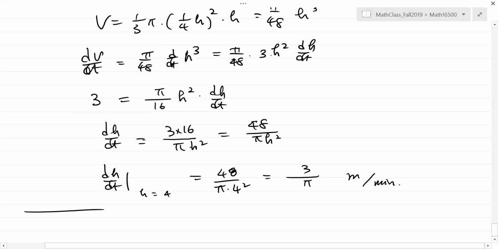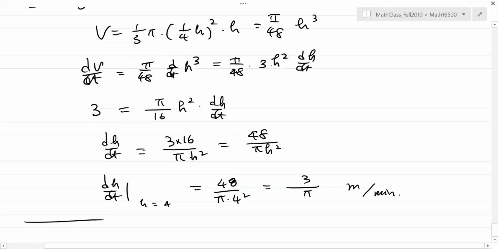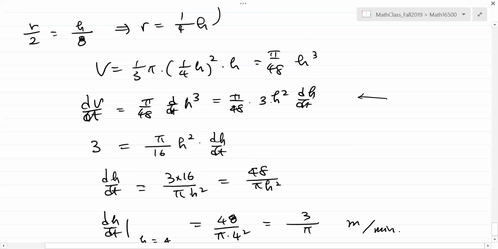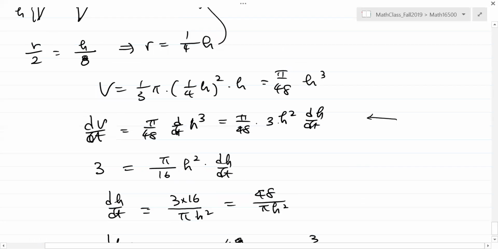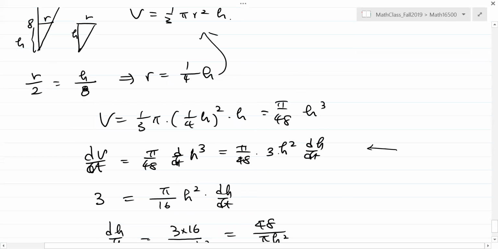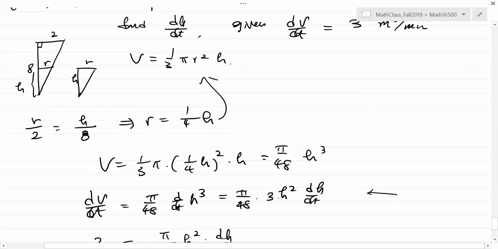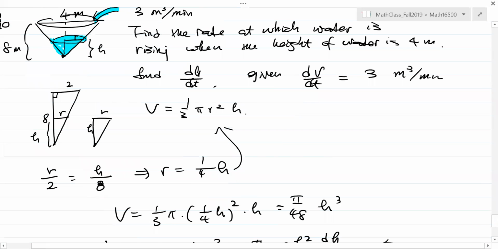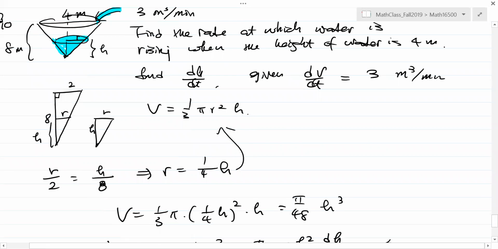So why did we take this 2? Why take 2? Because the diameter of the cone is 4, so the radius is 2. So you look at the triangle.